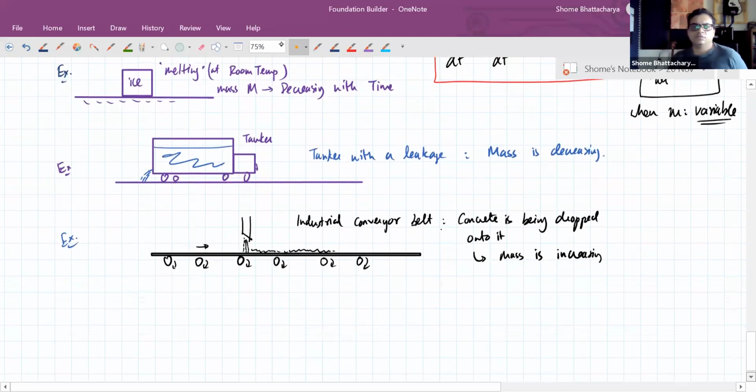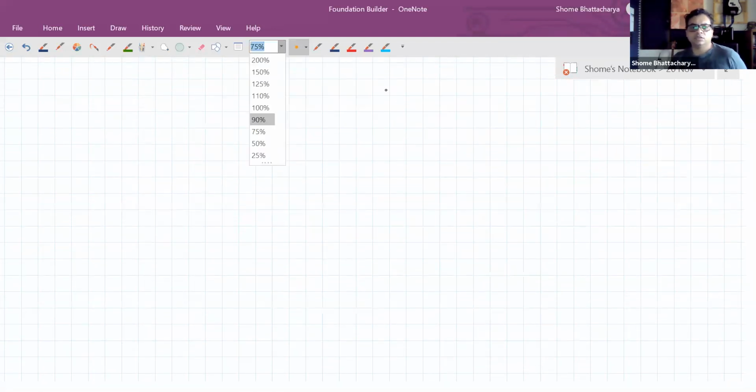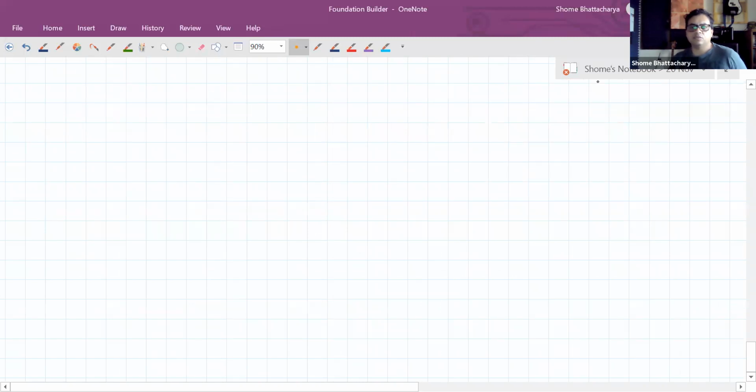So briefly, I'll explain how Newton's second law works in a variable mass situation. But as I said, this is not required in this chapter.